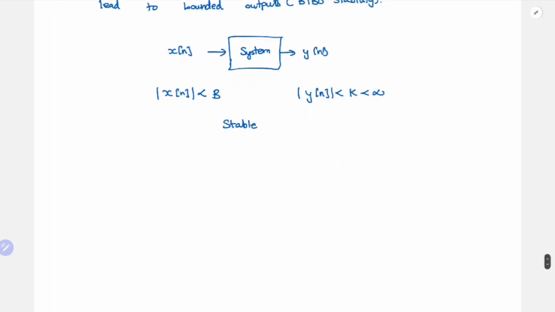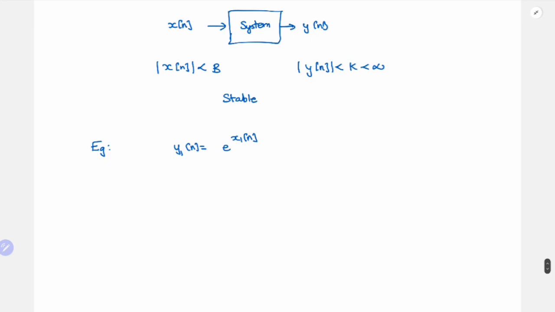So let us see some examples. So first example, we'll take y1[n] = e^(x1[n]). Let's first assume x1[n] is bounded. So what about your y1[n]?